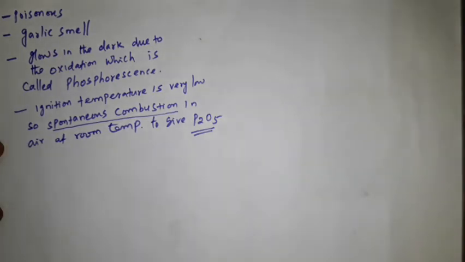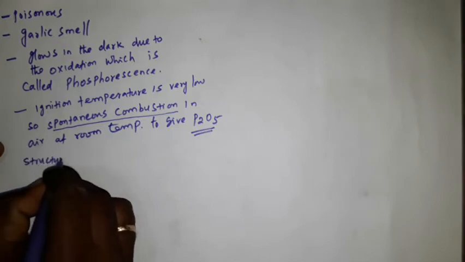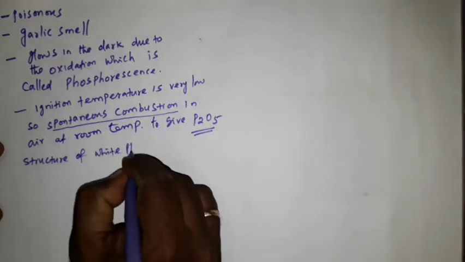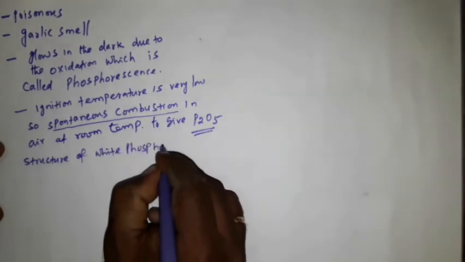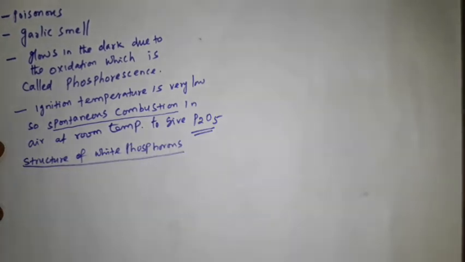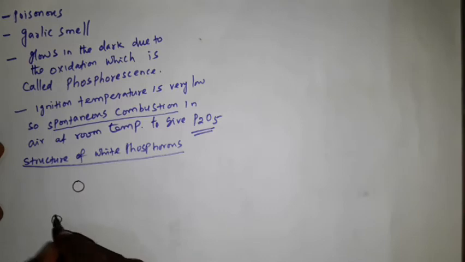the structure of white phosphorus. Now you are going to study the structure of white phosphorus. That white phosphorus structure is, there are 4 phosphorus atoms, 1, 2, 3, 4.